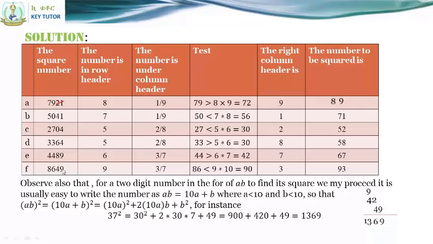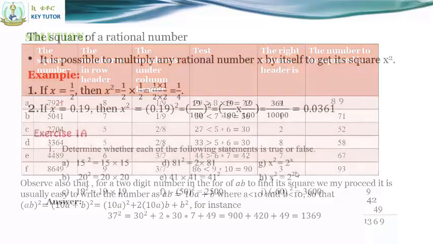Because the last digit of the number is 9, either it belongs to a column of 3 or it belongs to a column of 7. You take 86. 86 is less than the row header, 9 times the row header plus 1, which is 10, that is 90. You take 3 as the units digit, together that makes 93. So that's all.